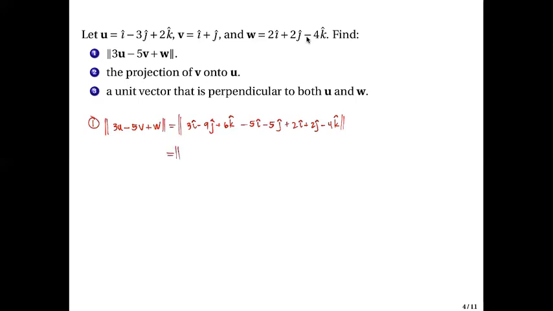Then we simplify. We have here 3 minus 5, that's negative 2, plus 2, that's 0i. For this, you have minus 9j minus 5j, that's minus 14j, and then plus 2j, so we have minus 12j hat. And then here you have 6k minus 4k, so you have plus 2k.